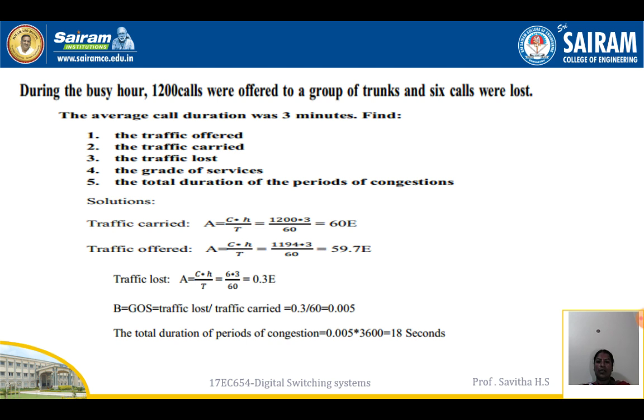Traffic lost is C times H divided by T, which is 6 times 3 divided by 60 equals 0.3 erlangs. So GOS is equal to traffic lost divided by traffic offered, 0.3 divided by 60, equals 0.005. The total duration of periods of congestion equals 0.005 times 3600 equals 18 seconds.